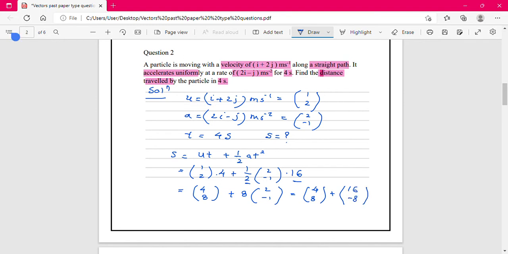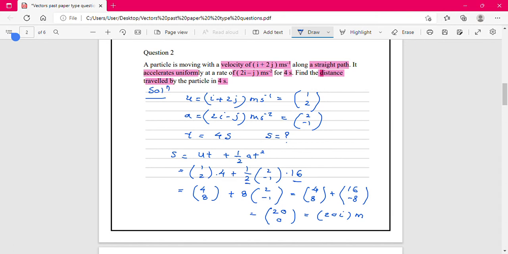Now add these two column vectors. So 4 plus 16 is 20, 8 plus negative 8 is 0. So I can say that the displacement of the particle is 20 meters.